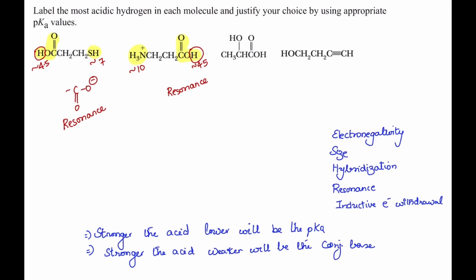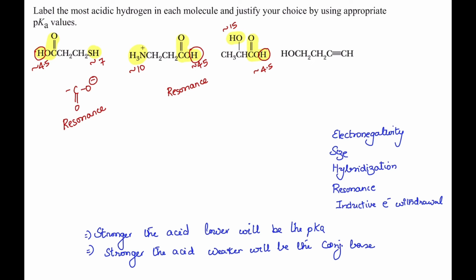Let's take a look into the third compound. The third compound also has 2 important functional groups. We have an alcohol and we have a carboxylic acid. Between these 2, we definitely know that this is the hydrogen that's going to come off, because this has a pKa value of about 4.5 and this one has a pKa value of 15.